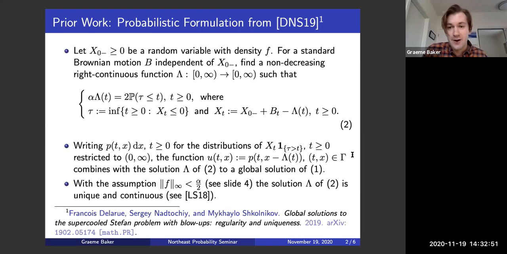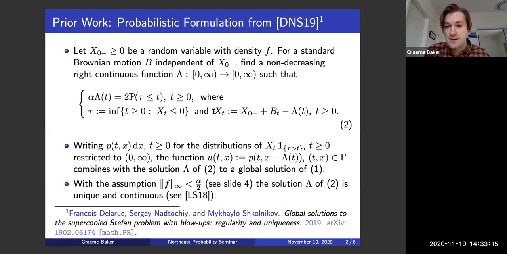So prior work. This is a paper with my advisor, and this is a probabilistic formulation for the limiting problem. You can encode the initial temperature distribution into this random variable X0 minus. Then you need to find a pair, X and lambda, that solves the following problem.